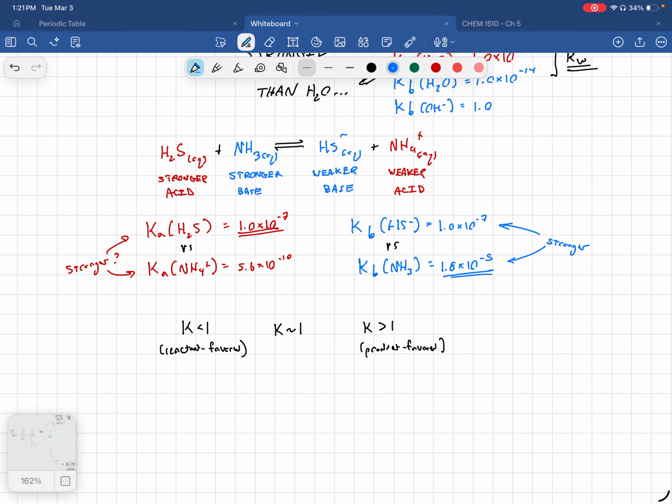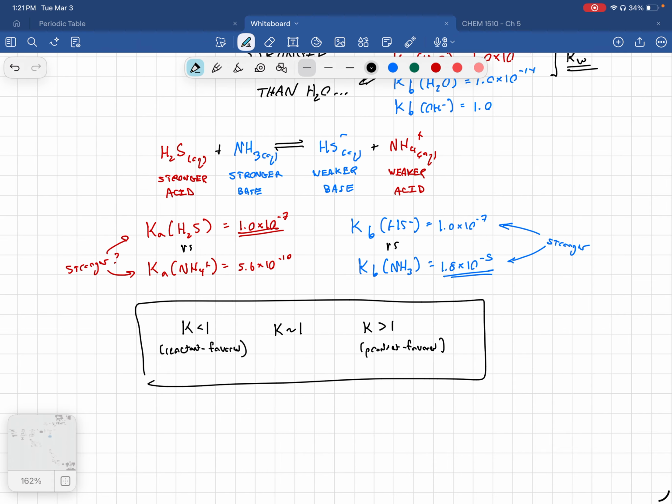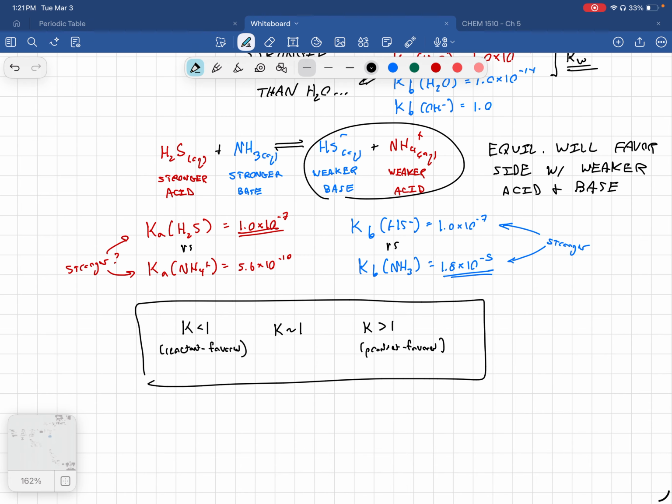Okay, and so now how does this help us with figuring out where the equilibrium is going to lie? Well, this equilibrium will favor the side with the weaker acid and base, which would be this side.